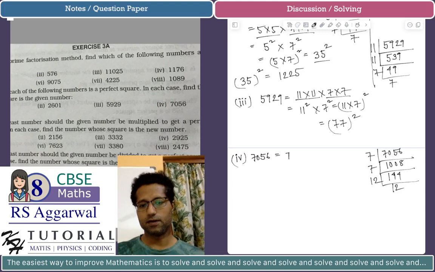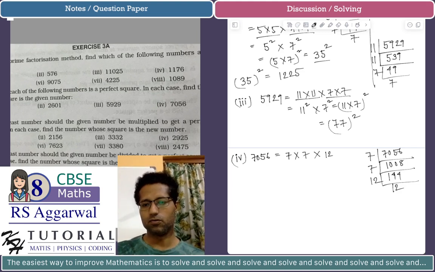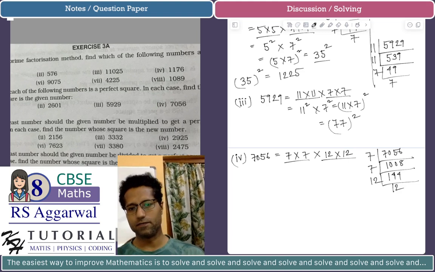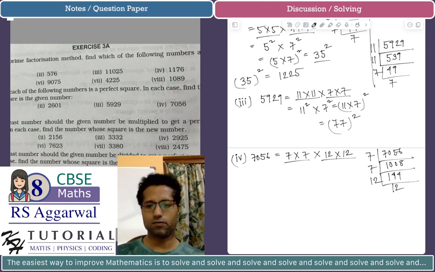So we can clearly see this is 7 into 7 multiplied by 12 into 12. Clearly it is a product of pairs of equal factors. One pair is 7 into 7, another pair is 12 into 12. So this is nothing but 7 square multiplied by 12 square.